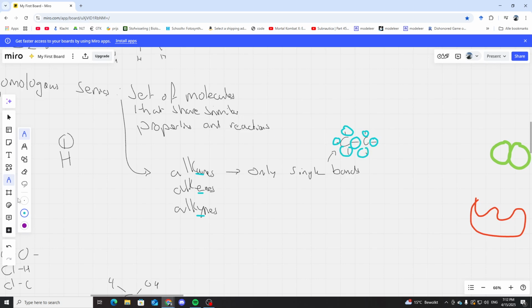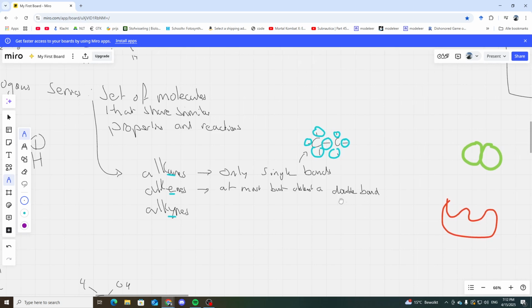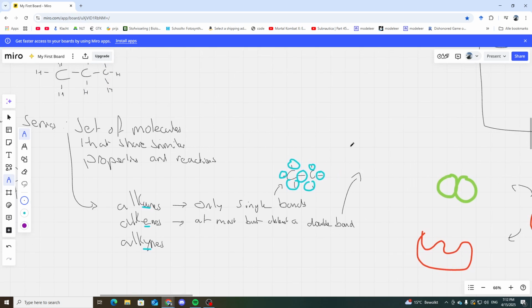Only single bonds. An alkene is at most, but at least, a double bond. Basically meaning any hydrocarbon that has a double bond in it. So here we see that there is a double bond, so this will be an alkene. Why?